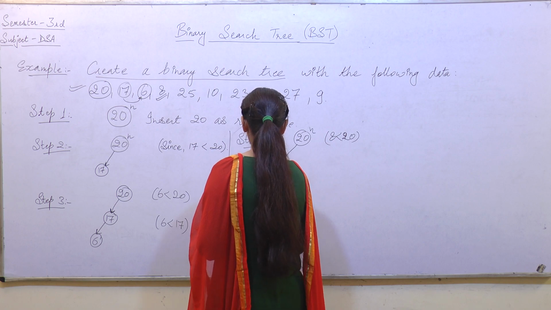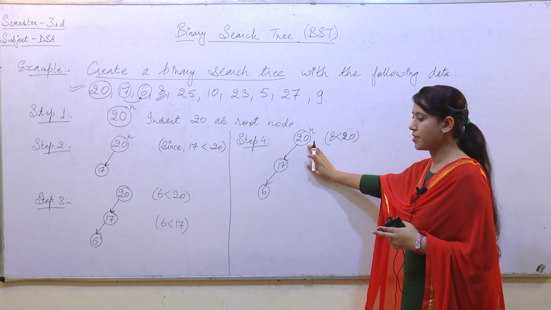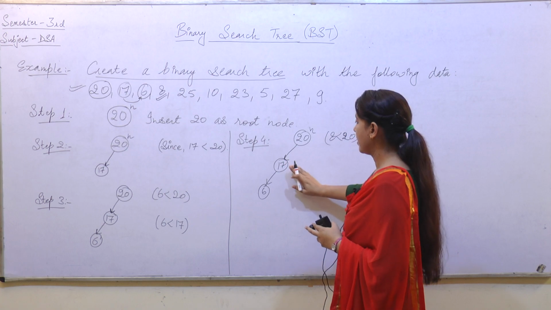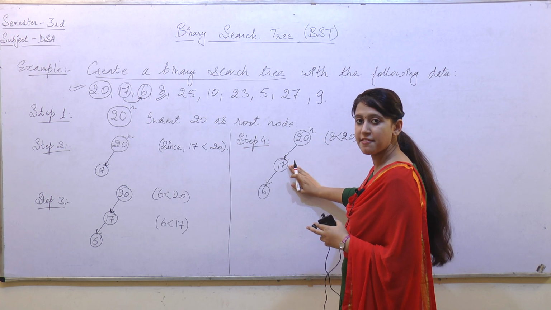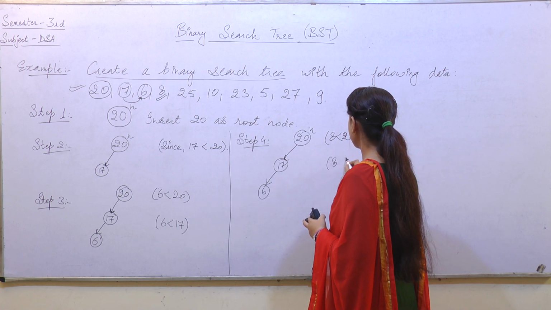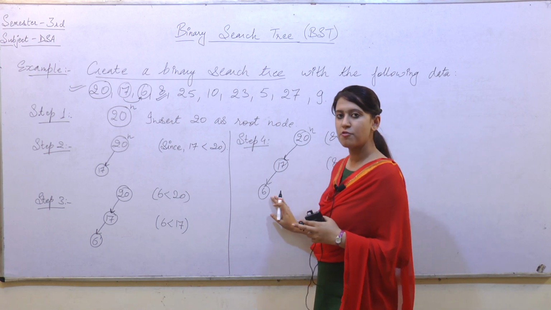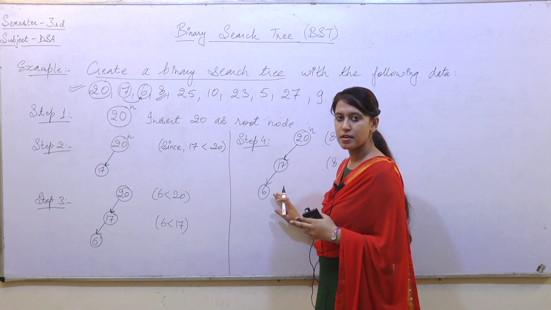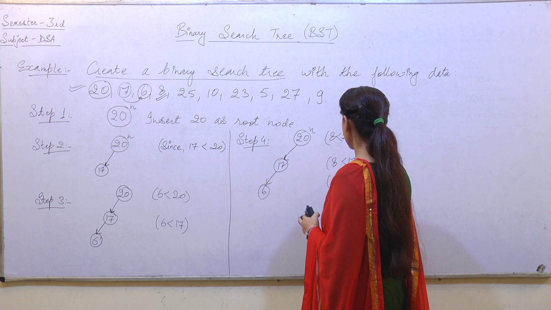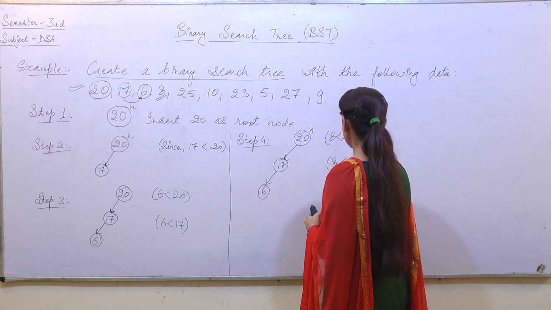Here the next node is 17. We compare 8 with 17. Since 8 is less than 17, we again move towards the left side of node 17. Then here comes 6. Now we compare 8 with 6, but 8 is greater than 6.